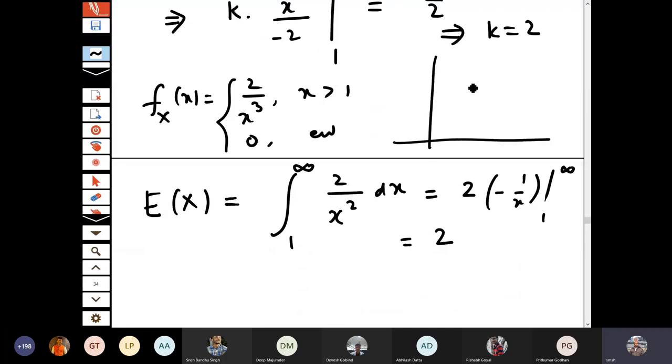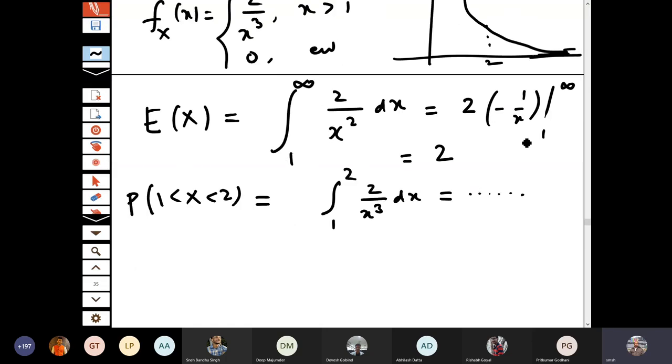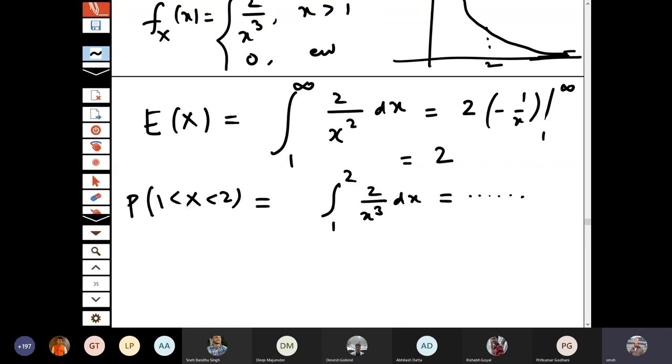It will go like this. So the balance point is actually at 2. I have asked another question: what is the probability 1 less than x less than 2? Then this can be evaluated as integral from 1 to 2 of 2 by x cube dx. This of course you can easily evaluate. I'll leave this part here. You can just write down the value. What is the probability here?